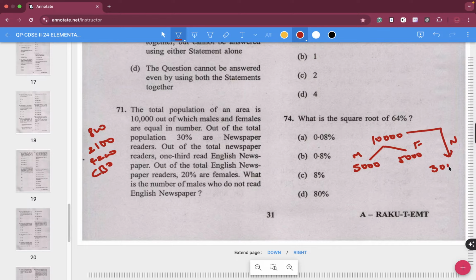Now if you do 10 cube minus 10 square, which is your 1,000 minus 100, which is 900. Similarly 10 raised to the power 4 minus 10 cube, it will be 9000, which means that this particular number over here is divisible by 3 for sure, isn't it?